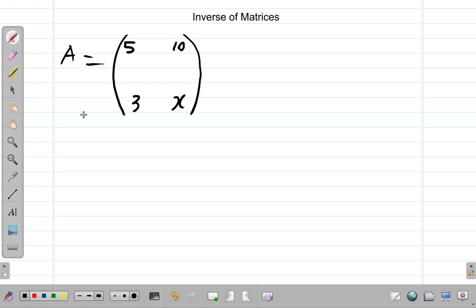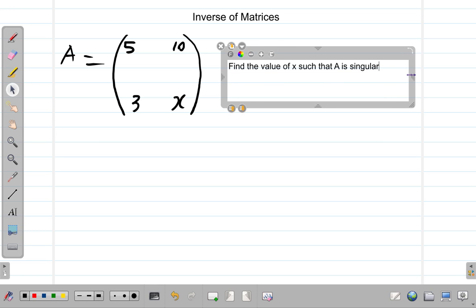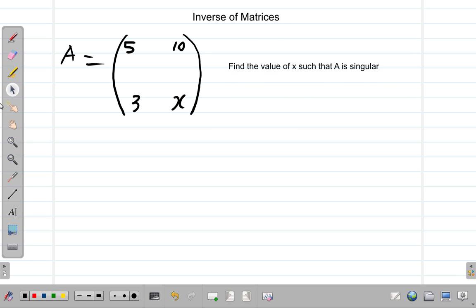What I want you to do is find the value of x that will make A a singular matrix. Let me type it here. Find the value of x such that A is singular. The value of x for which A is singular.